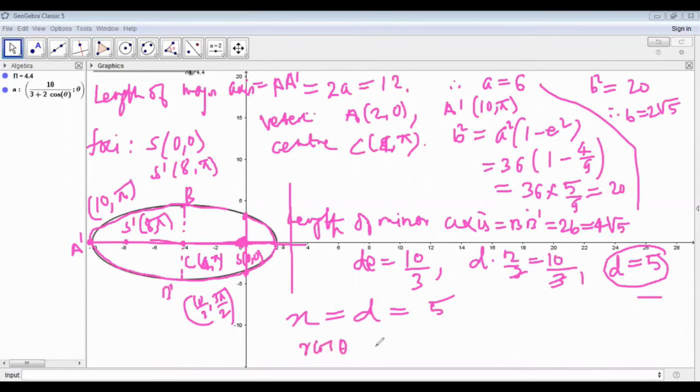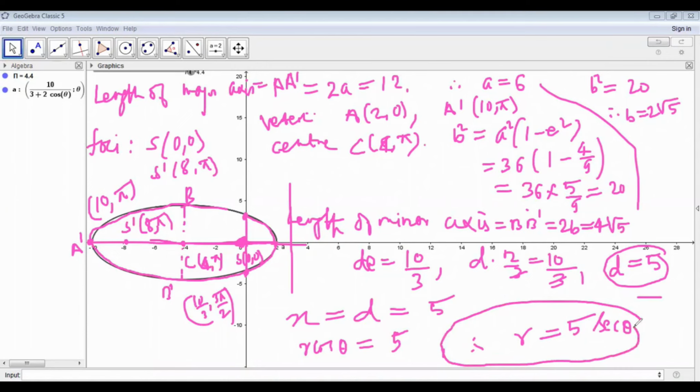So r cos theta equals 5. Therefore, r equals 5 sec theta. This is the equation of the directrix. In this way, we described the vertices, length of the axes, length of the minor axis, center, and equation of the directrix.